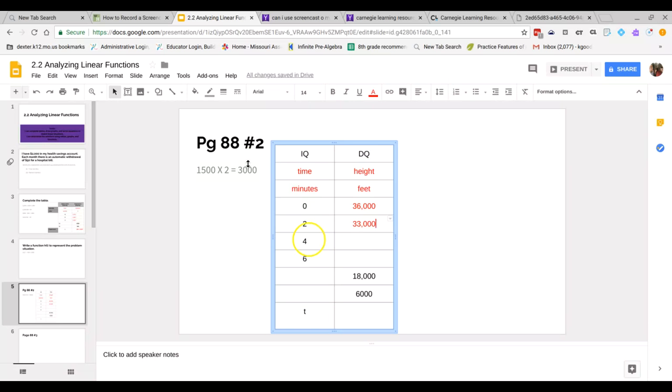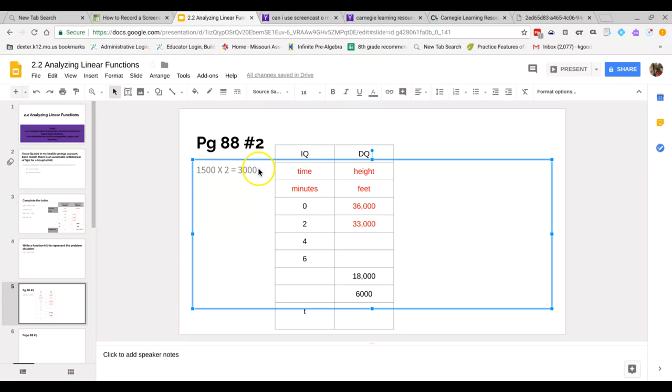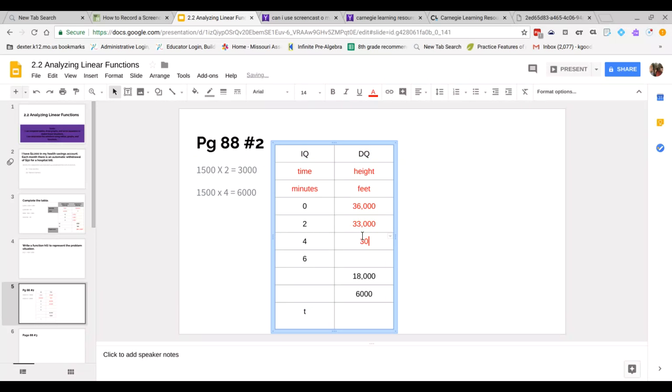Right. Now it wants 4 minutes. 1,500 times 4 is 6,000, and 36,000 minus 6,000 is 30,000.